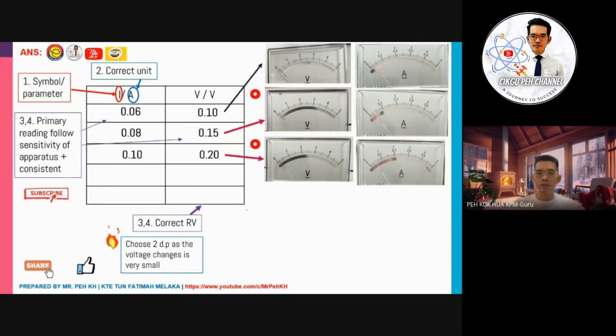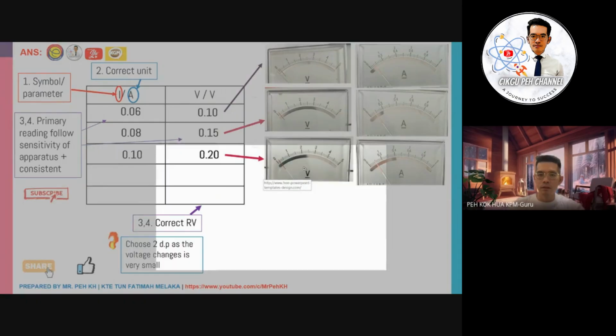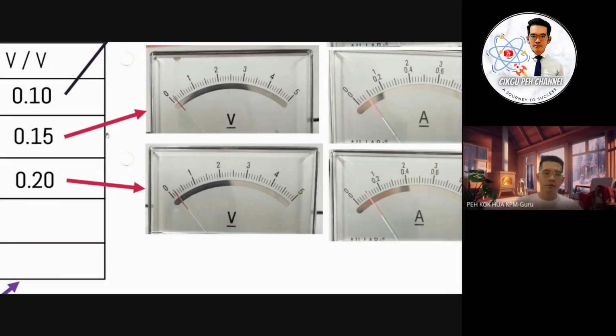Again, for the third reading, you can see the reading here is 0.20 for my RV. If I take the second reading, just now I chose 0.1, which would be the same as the first RV. If I chose 0.2, that would be the same as the third RV reading already.